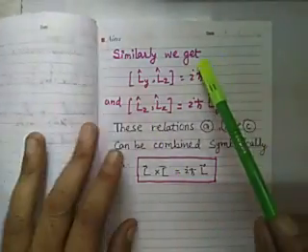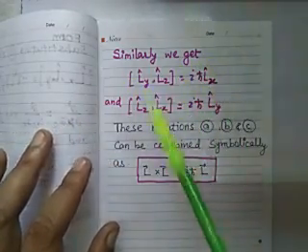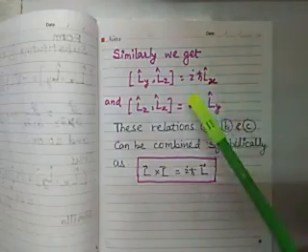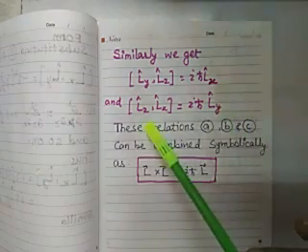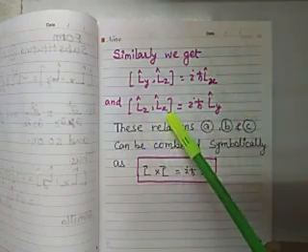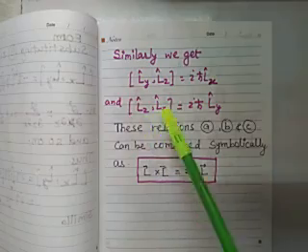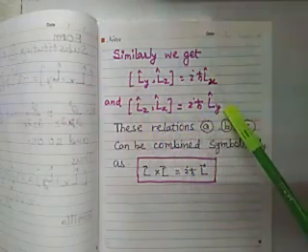Similarly, we get the [Ly, Lz] commutation relation. It gives us iħ Lx, and the [Lz, Lx] commutation relation gives us iħ Ly.